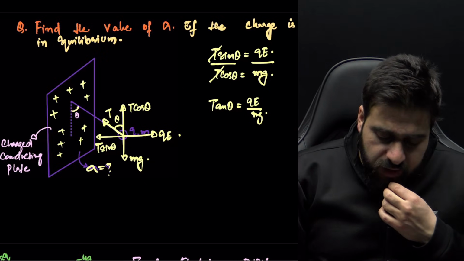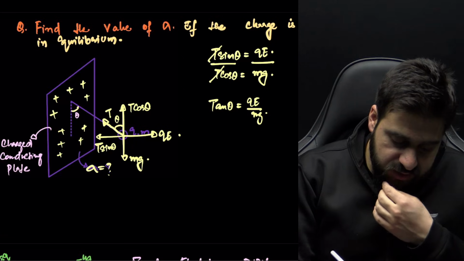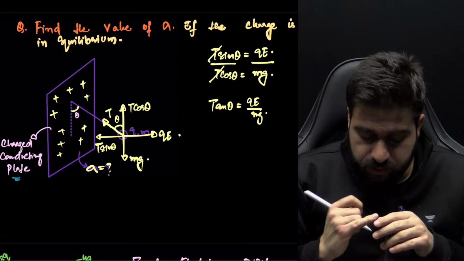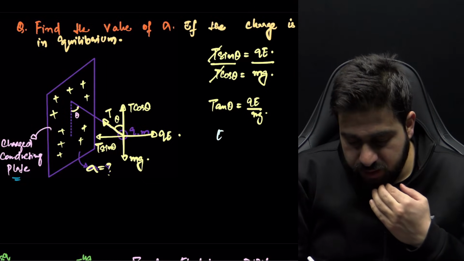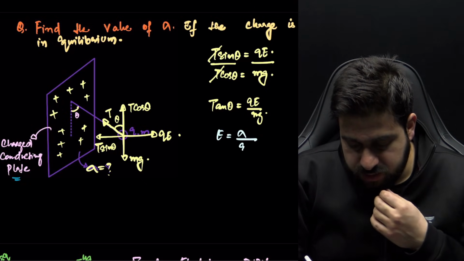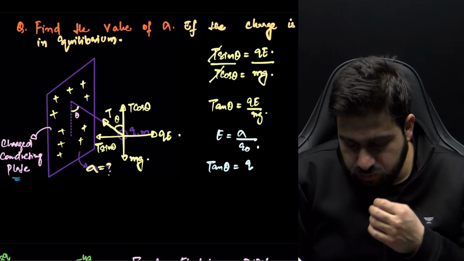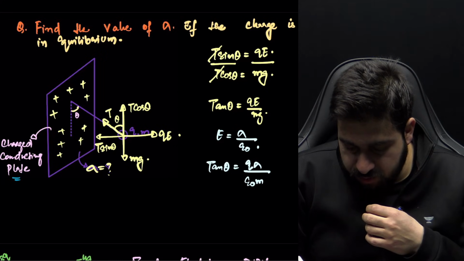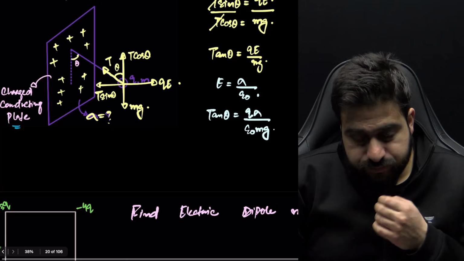Now tell me, E is the electric field due to this charge sheet. Since it is a conducting plate, the electric field due to a conducting plate is sigma by epsilon naught. So you can say tan theta will be equal to Q times, instead of E, sigma divided by epsilon naught, into mg.